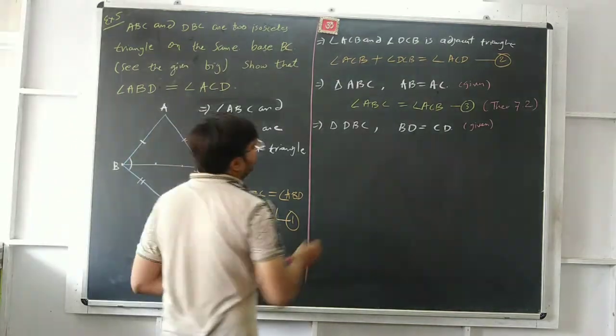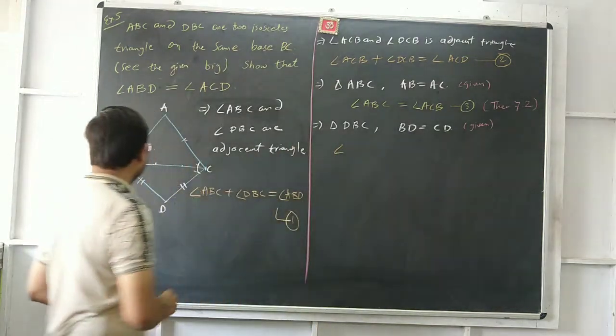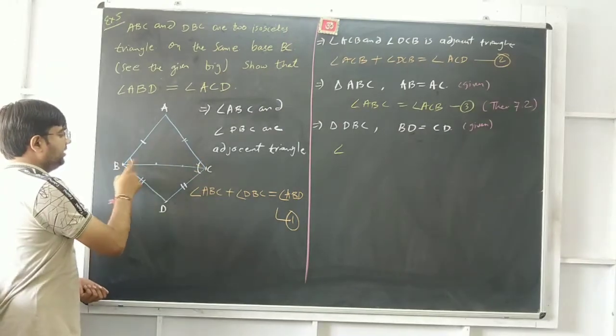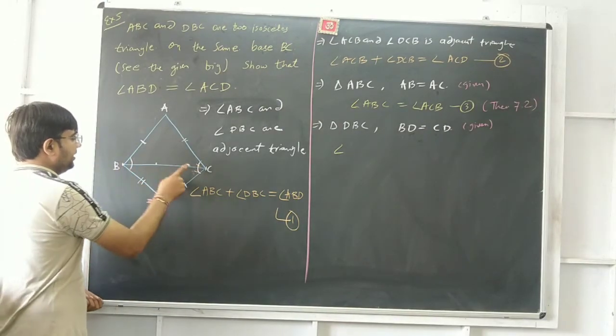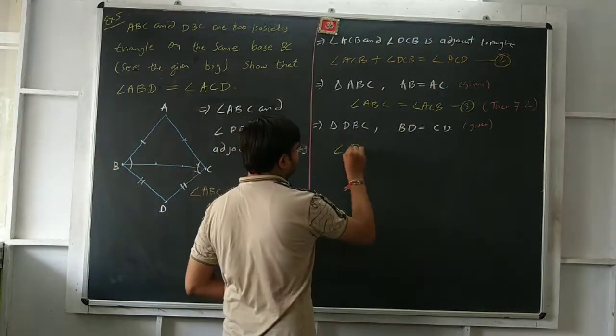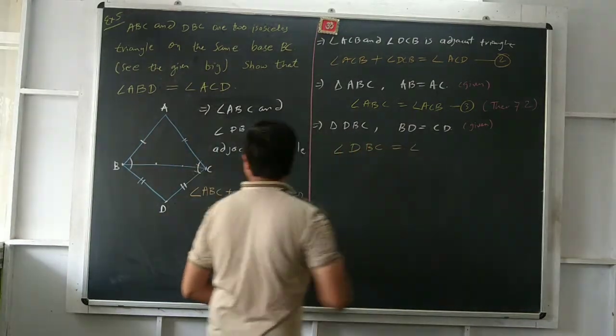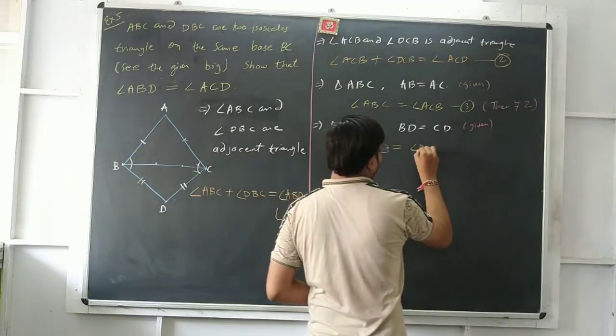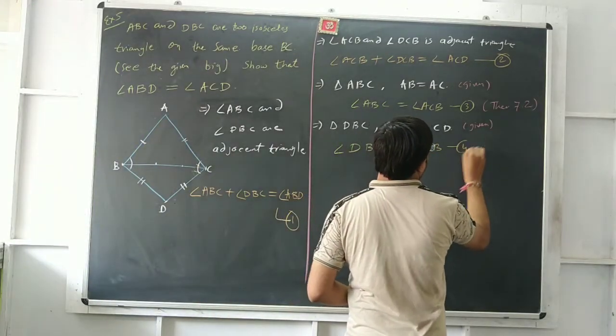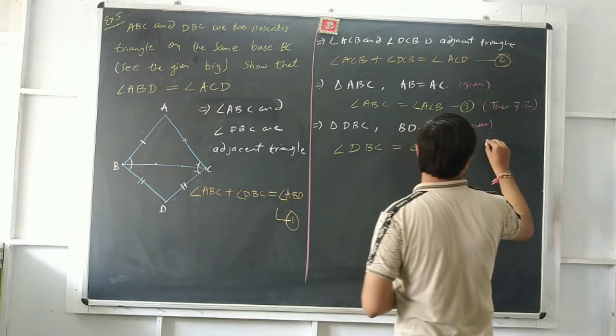So we can also write the angles opposite these sides are the same: angle DBC is equal to angle DCB. Equation number 4, by theorem 7.2.